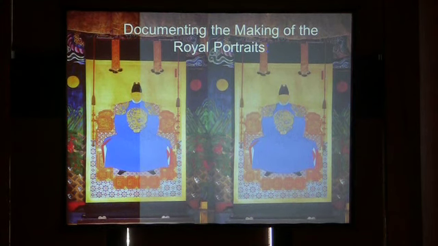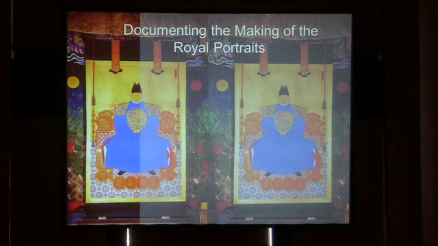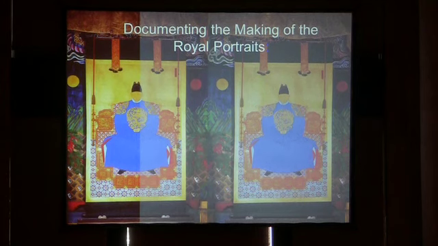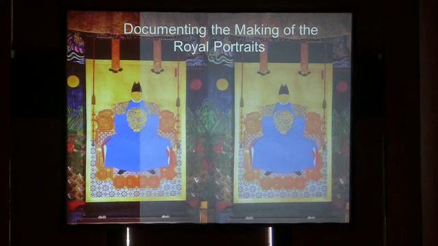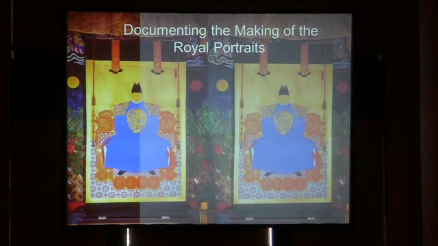No, I think this is very long, so I will simply go through the slides quickly. I had two more sections. One is documenting the making of the royal portraits. I wrote a monograph on it, but in Korean.